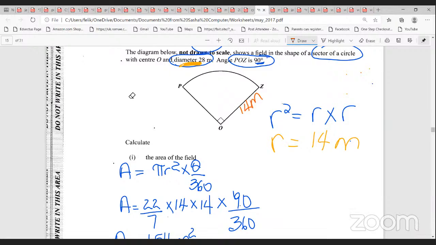And OP, what is OP? When I said OP, I was referring to this part, that line. So check again for me, darling.